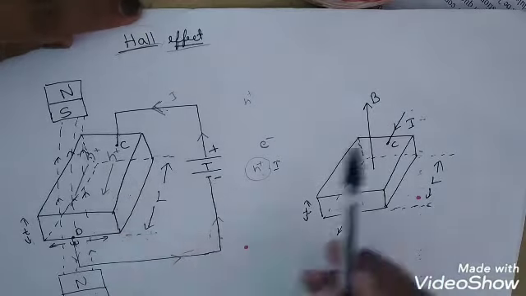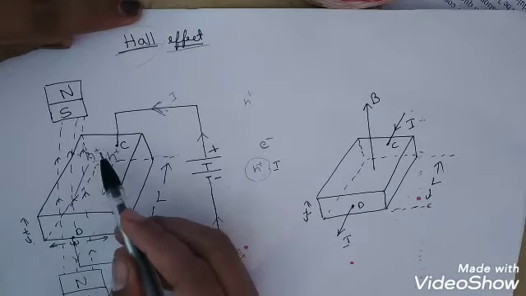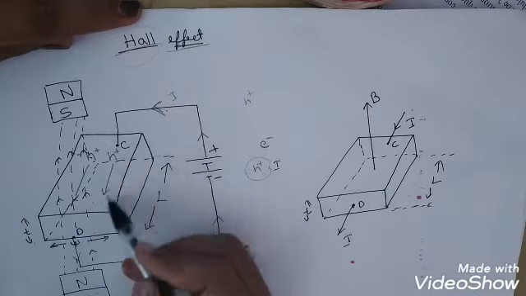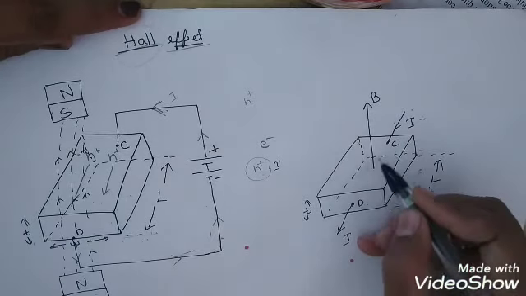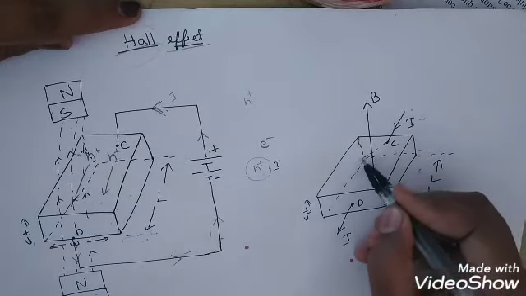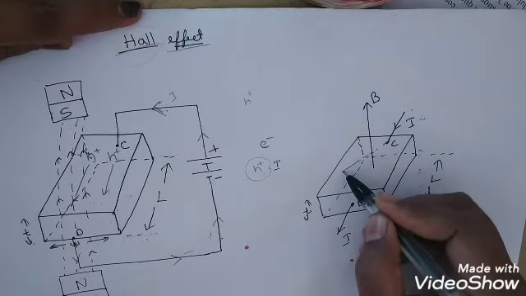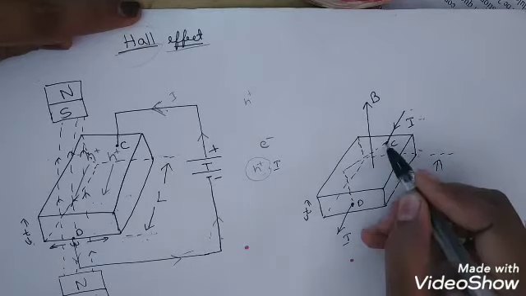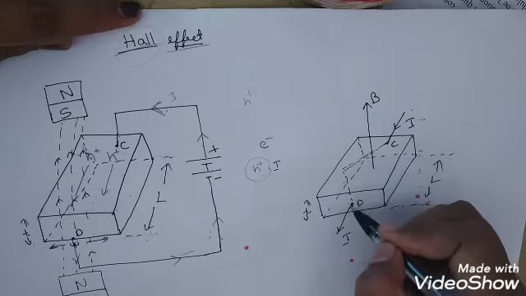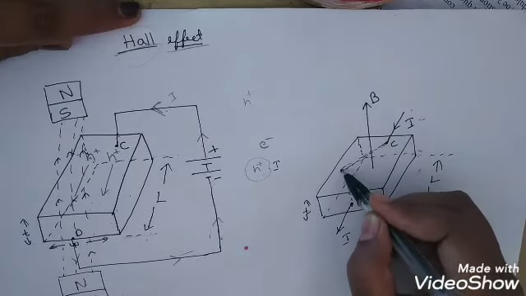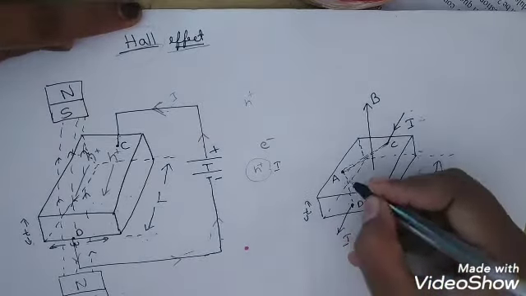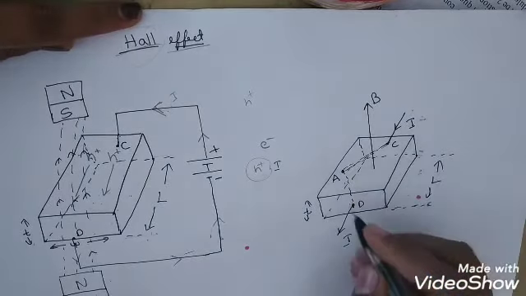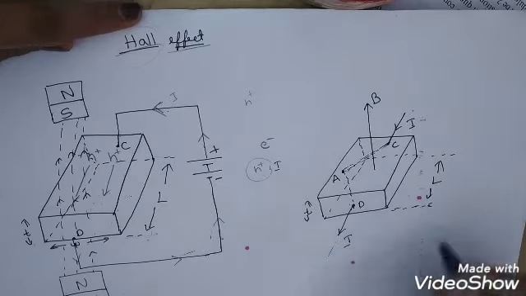Before applying the magnetic field, the holes were moving from C to D. Because of the magnetic field, they get accumulated at one point, call this point A, and then continue their path in this manner.